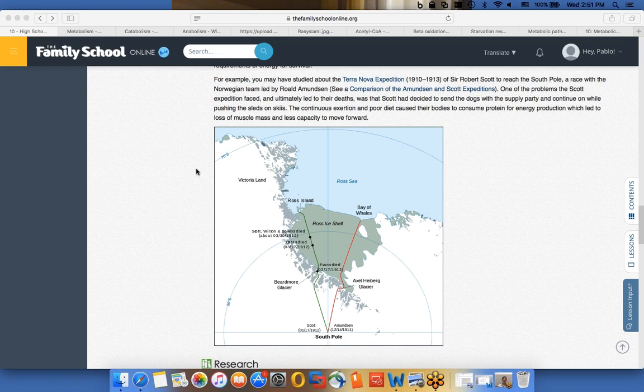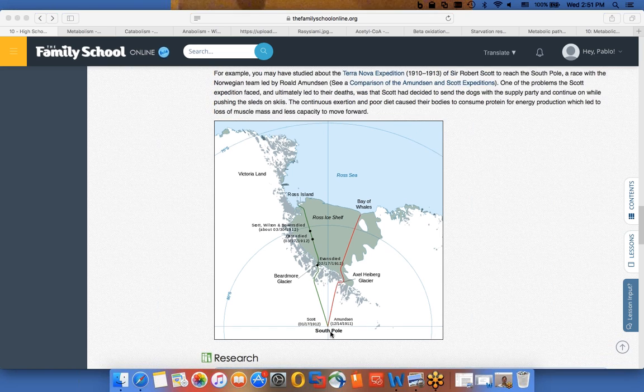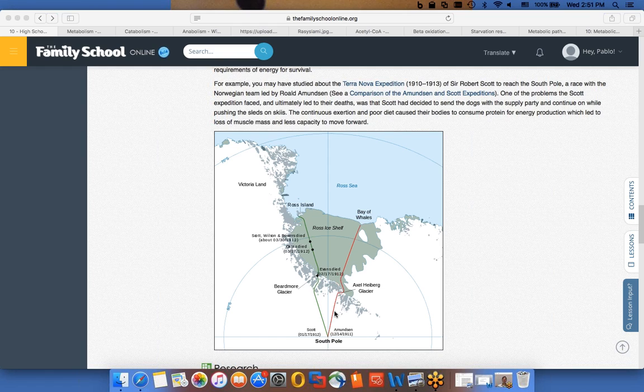Well, there was a Norwegian team that was led by a man named Roald Amundsen, and he was doing this race, but he found a problem in the expedition, that ultimately they died because of it. He decided to send his dogs with a supply party, but he continued on while pushing the sled on skis.